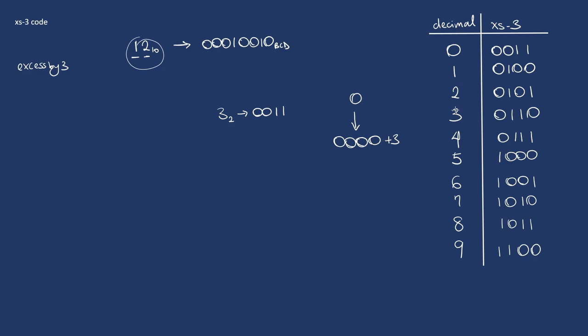So that's exactly how it is. Once you're able to get this XS3 table of a decimal equivalent, then converting to and from decimal to XS3 is definitely not going to be a problem at all.